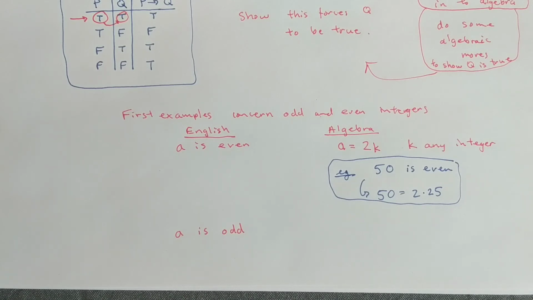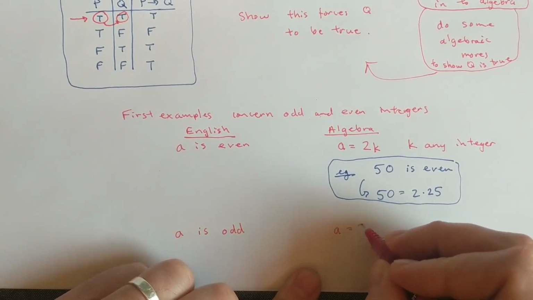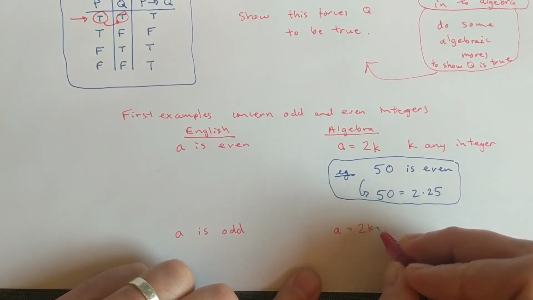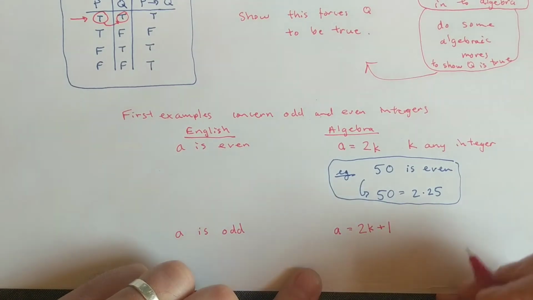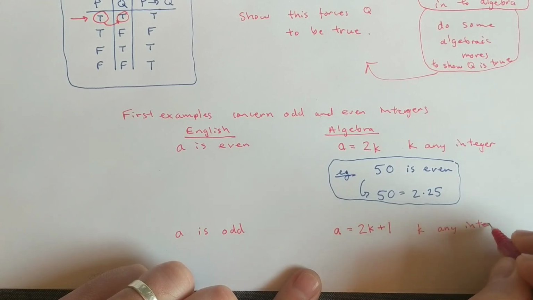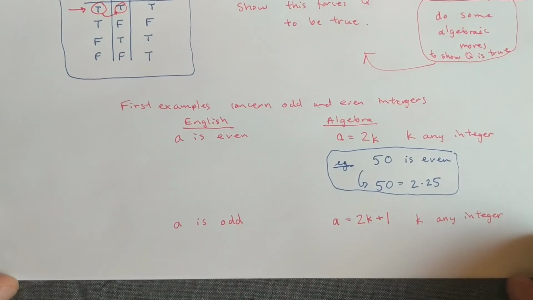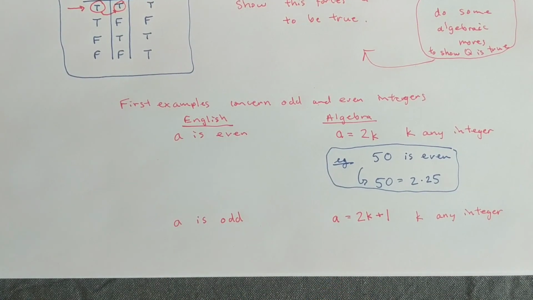The way we'll use most of the time is that every odd number is one more than some even number. And so we would write A is equal to 2k plus 1, which is not an even number, it's one more than an even number. And this is true for k any integer. This is a nice algebraic expression, and we can multiply it, and we can factor it, and we can do all kinds of things, which is going to help us prove these first statements.